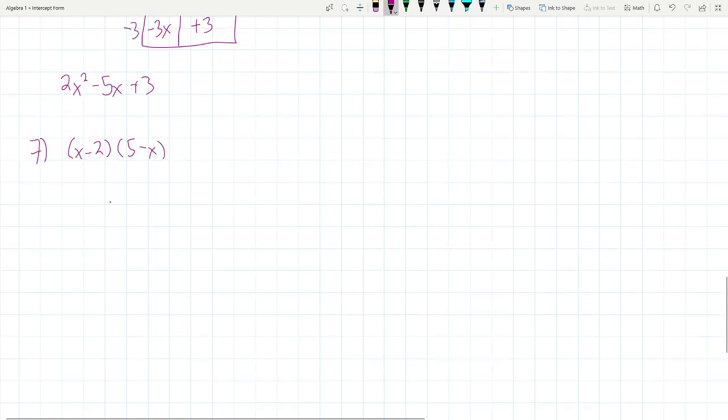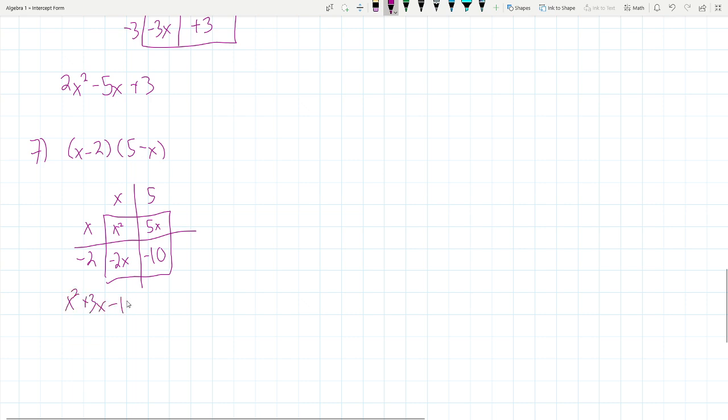And when the person wrote it out, they went, okay, x and 5, x and negative 2, and so they got x squared and 5x and negative 2x and negative 10. So they got that x squared plus 3x minus 10, because they did x squared, negative 2 and 5 makes positive 3, negative 10 is negative 10.